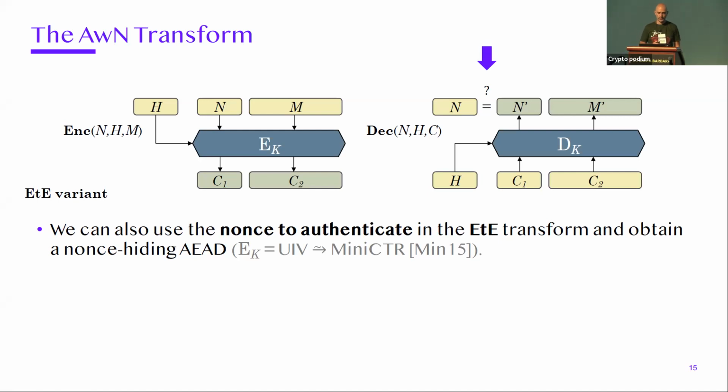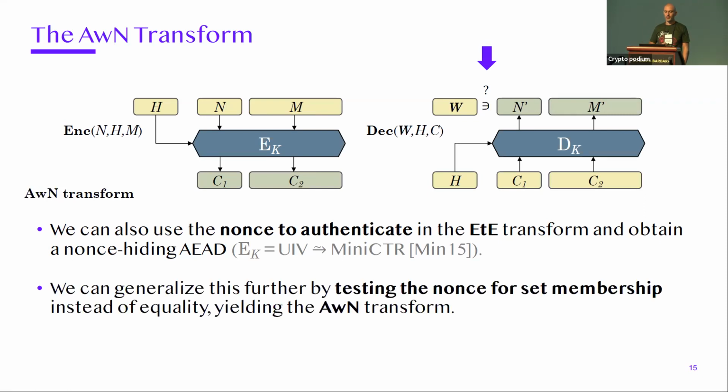However, we can generalize this construction further and essentially replace this equality check between the nonces with a set membership test. So instead of checking for equality, we check that the recovered nonce N prime is within some set W of nonces. And if the size of the set is limited, then this construction would still give us adequate integrity.